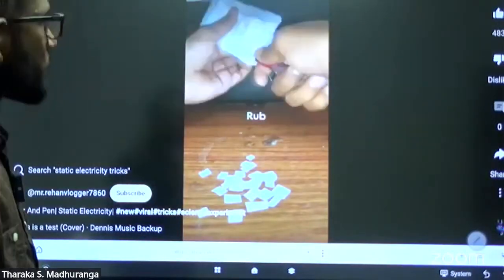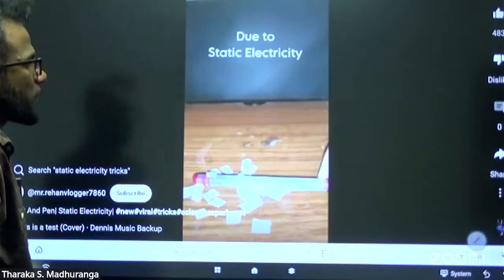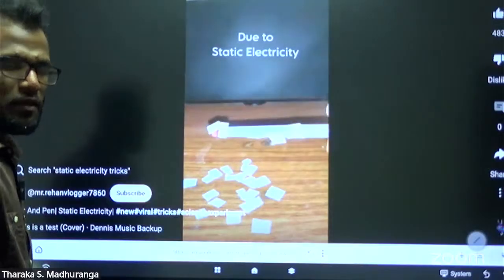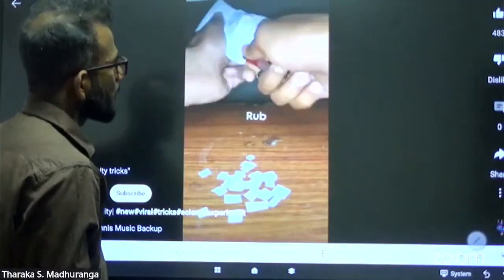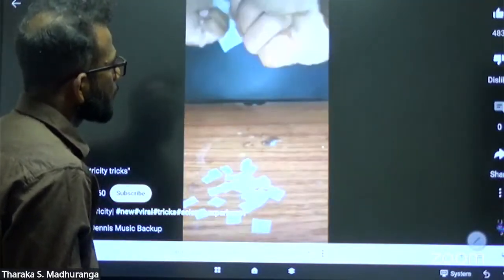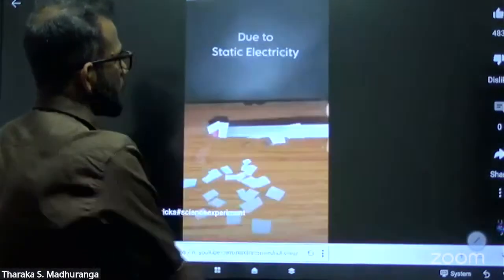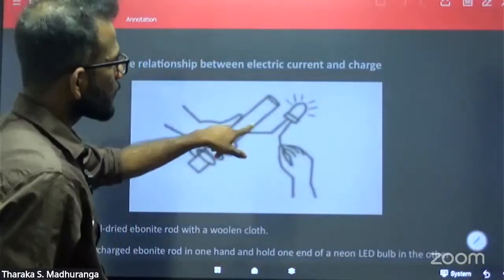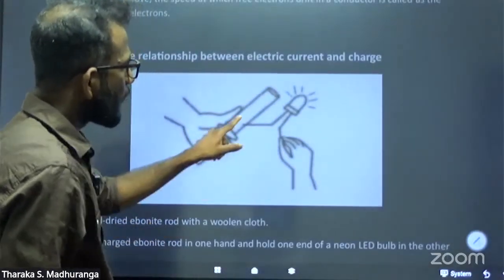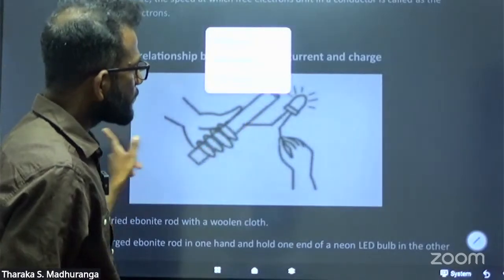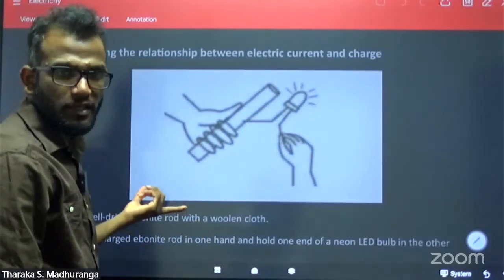Another experiment. That's also electric charge, the charge that you already know. Similarly, in this experiment, after rubbing a rod, plastic or whatever rod we can use, on one side we place an LED bulb as given in the figure.